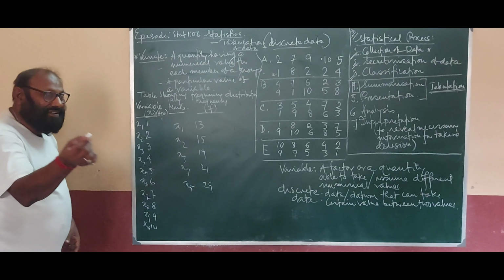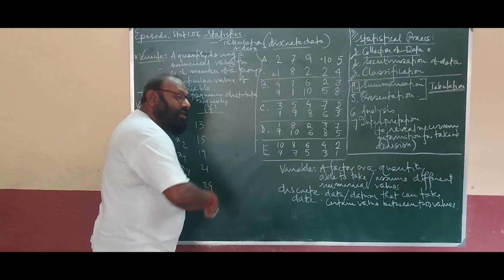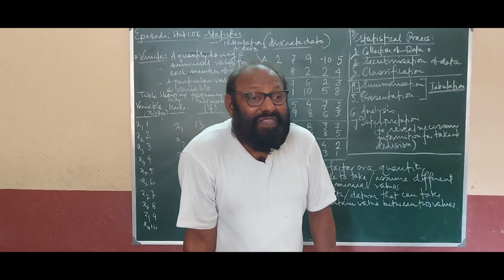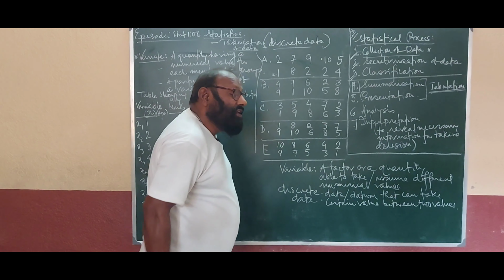In our problem, by chance we have got these values, and that is why we have designated x1, x2. It is the first observation. Say 5 persons have been asked their age, all above 50: one is 52, one 65, one 73, one 82, one 90.